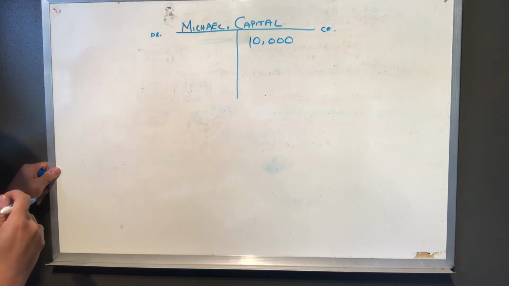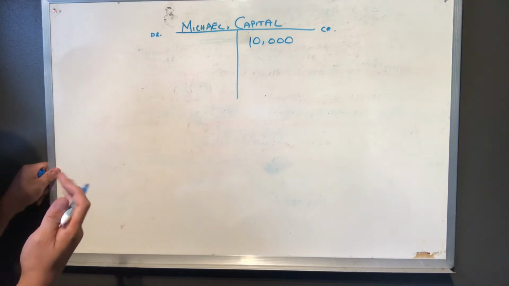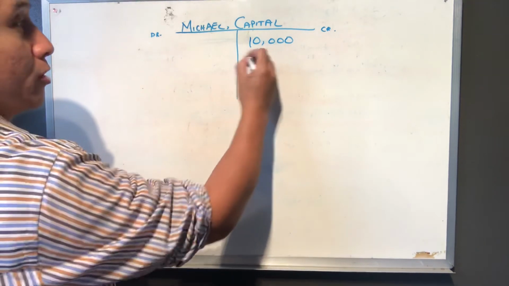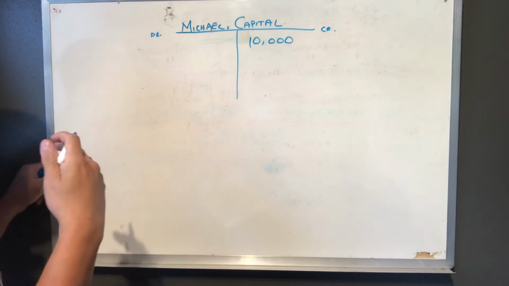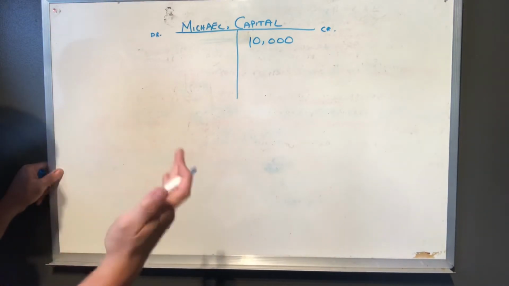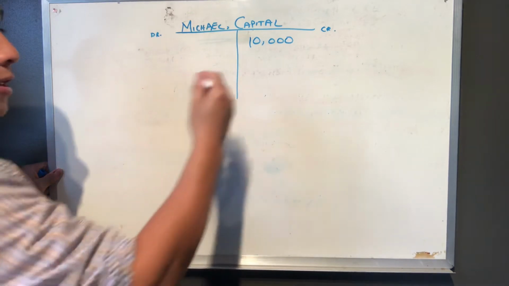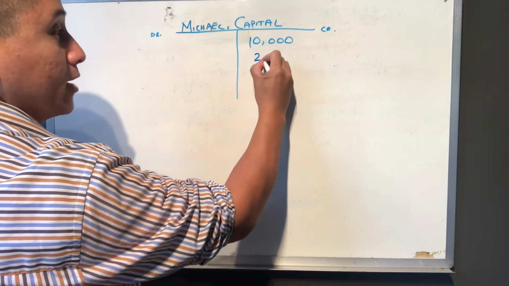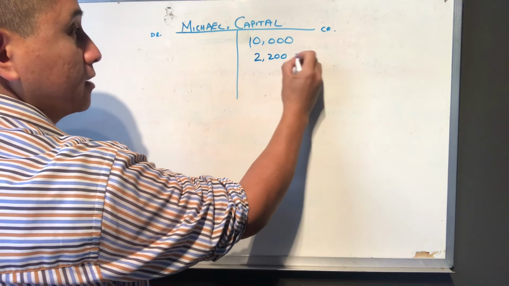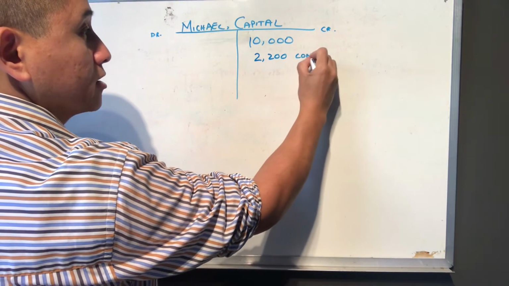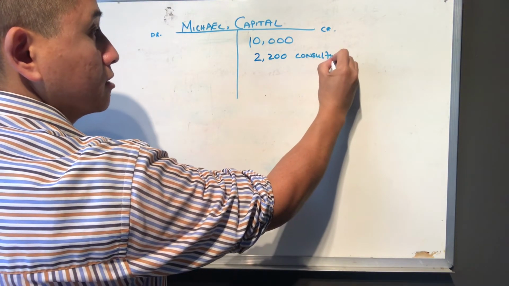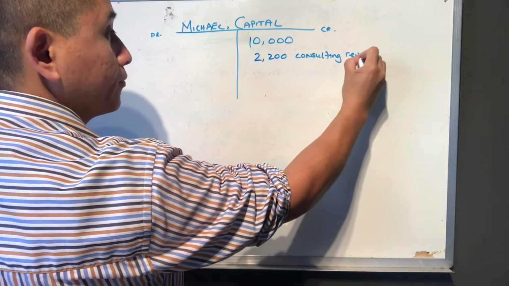So let's say I have a consulting business and I've earned $2,200, say. Because that's revenue, remember that revenue is accounted for using credits. So in this case, because I earned it, that would be consulting revenue.